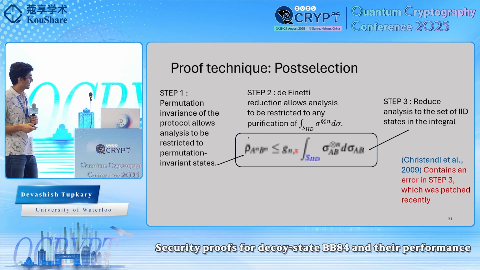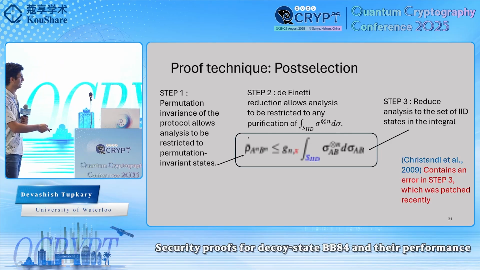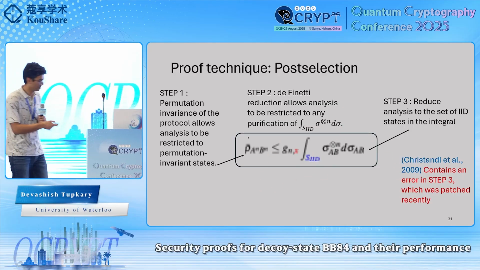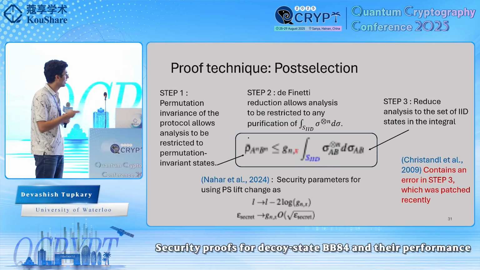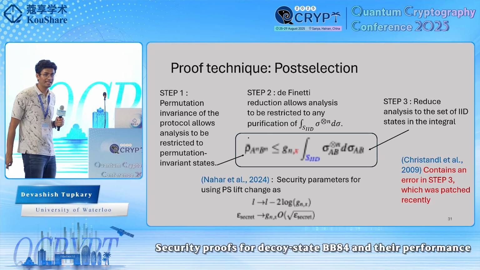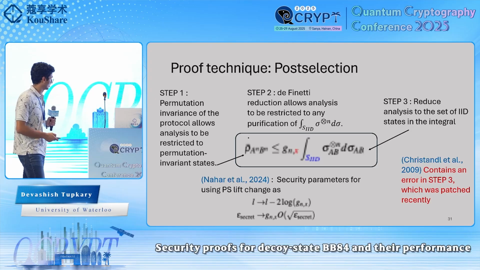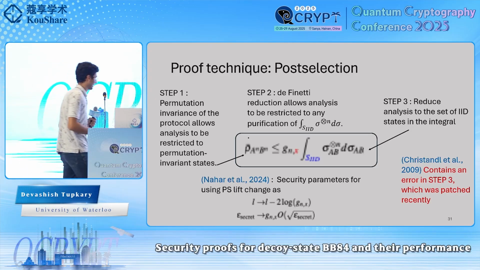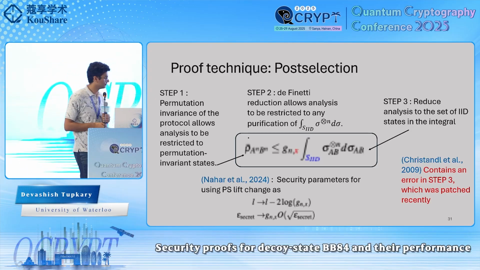The original post-selection paper contains an error in the last step, where you have to go from a purification of this state to every IID state in the integral, which was patched recently, and the post-patch impact on key rate and the security parameters looks something like this.